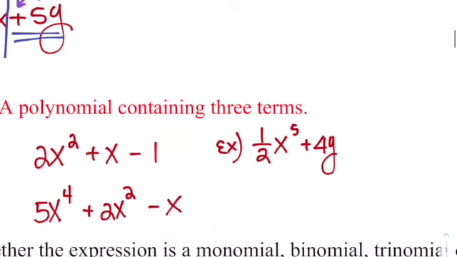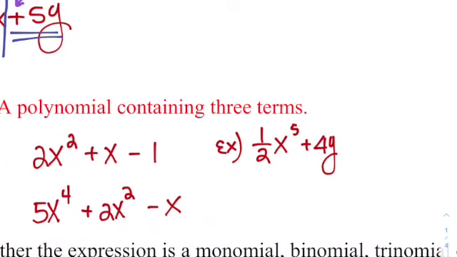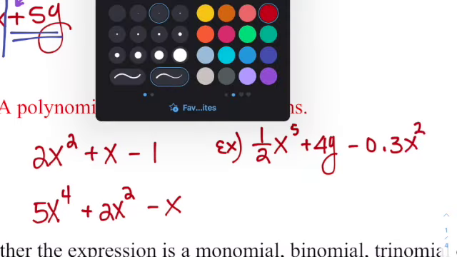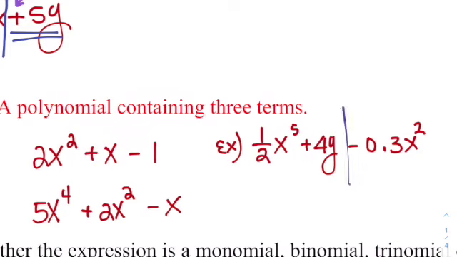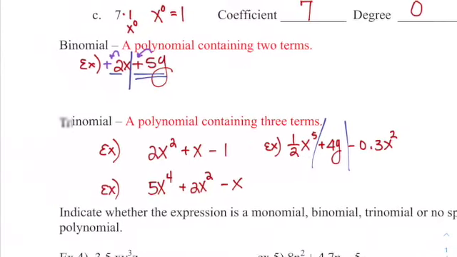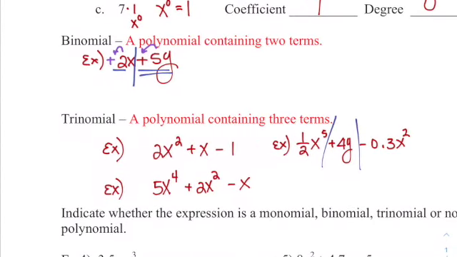Alright, and then you can have another one, minus 0.3, let's say x to the 2nd. Because you have a separation of the terms 1, 2, 3. So that is a positive half, that's a positive 4, that's a negative 0.3 for the coefficient in all those different terms. Hope that makes sense. All right.